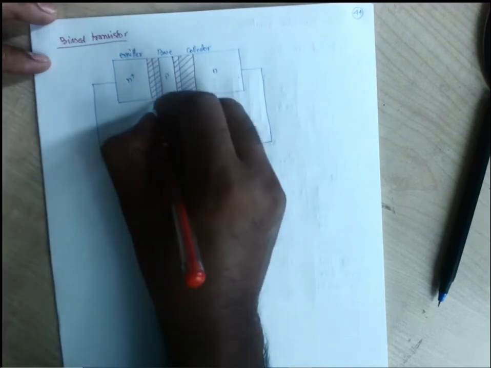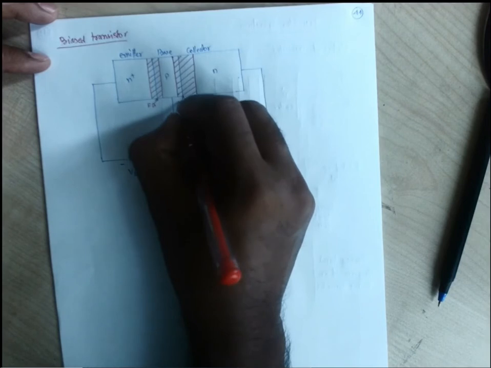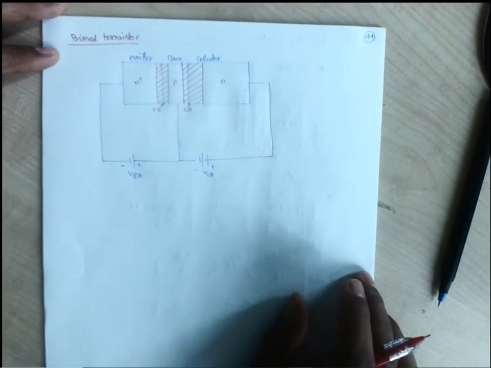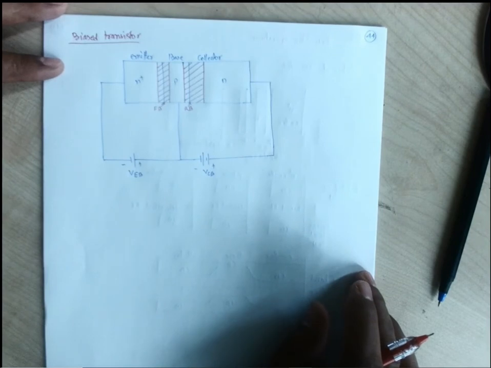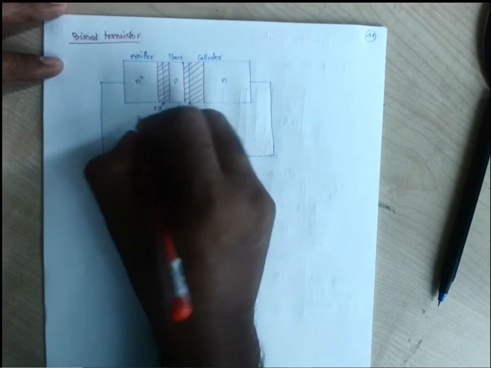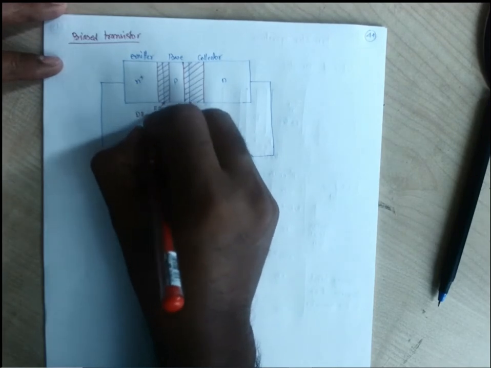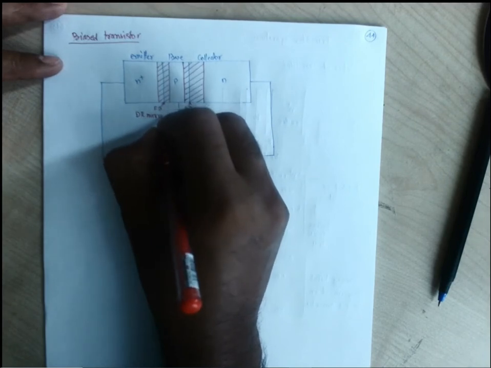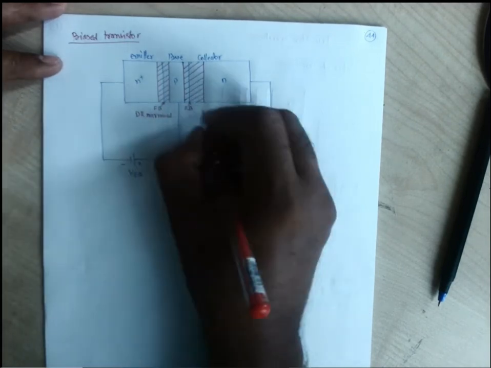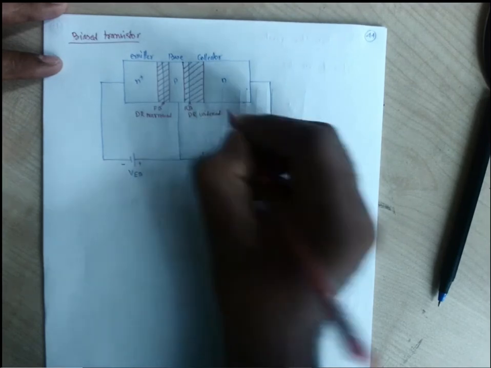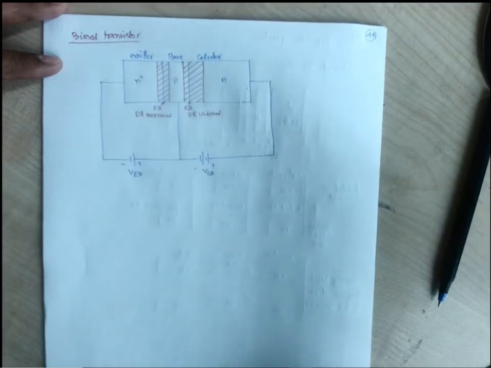So this junction is given forward bias and this junction is given reverse bias. So this depletion region width is narrowed here, and here the depletion region is widened. Okay.